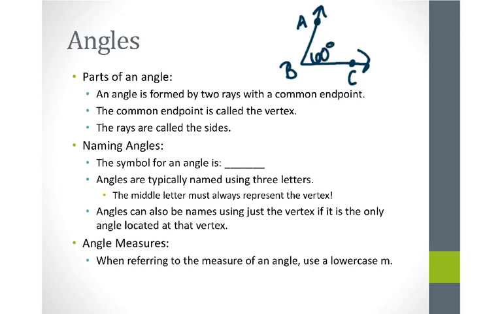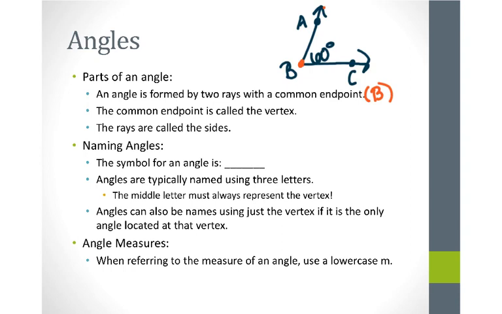Okay, so parts of an angle. An angle is formed by 2 rays with a common endpoint. So in this case, B to A would be a ray, and B to C would be a ray, meaning point B right here is the common endpoint. So B was the endpoint.